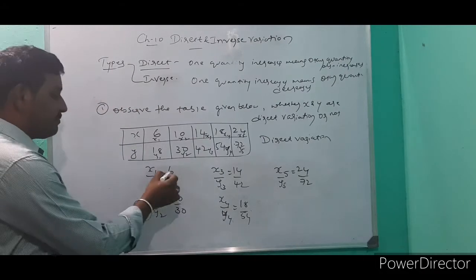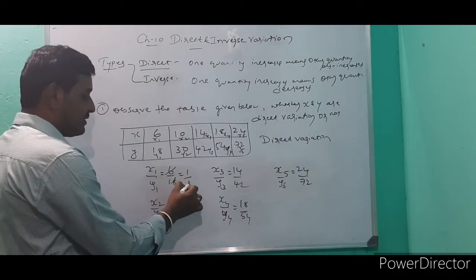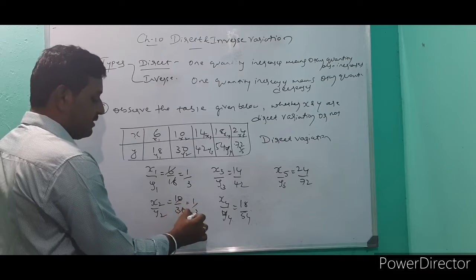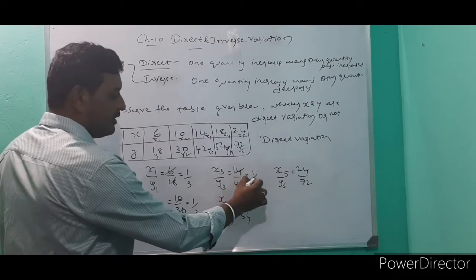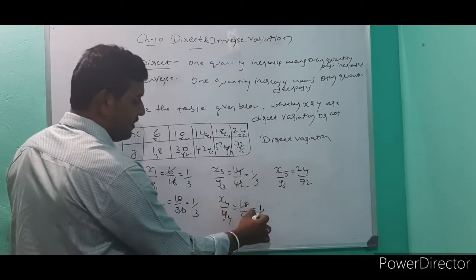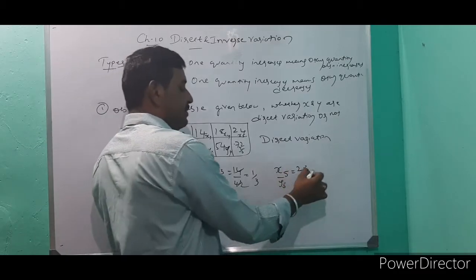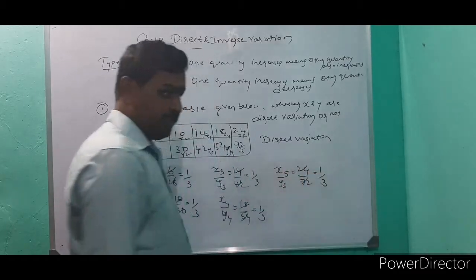You can cancel: 6 ones are 6, threes are 18; 10 ones are 10, threes are 30; 14 ones are 14, threes are 42; 18 ones are 18, threes are 54; 24 ones are 24, threes are 72.